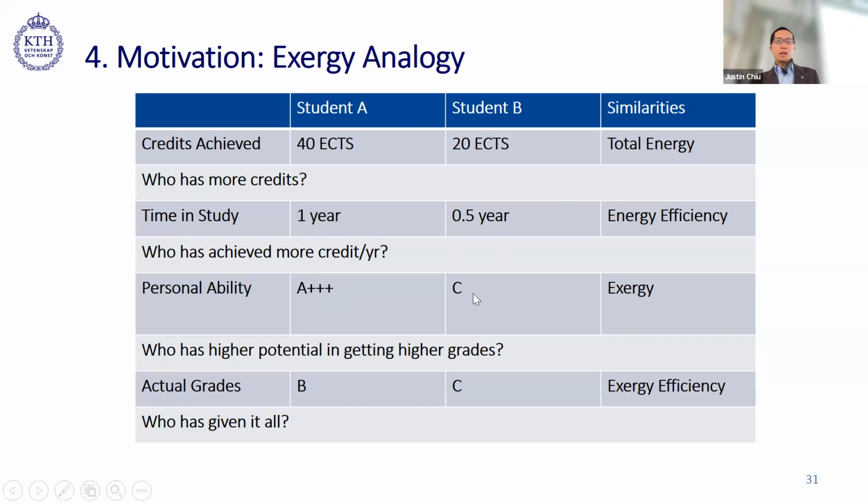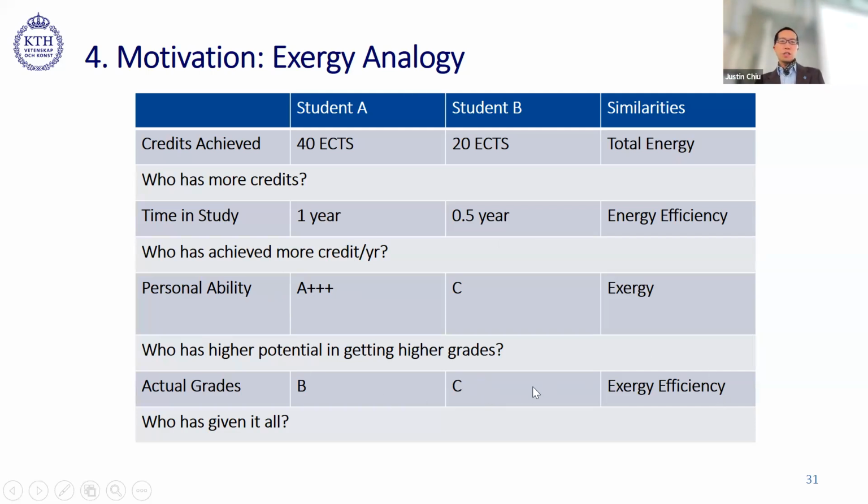And then student B never went to school, just came because he or she is very bright. So the expected outcome will be slightly lower than the one who has gone through all those years of education. But the results actually show that student B gets a C and student A gets a B.